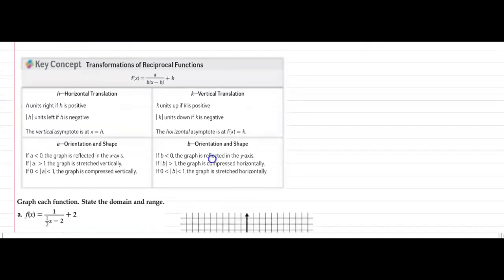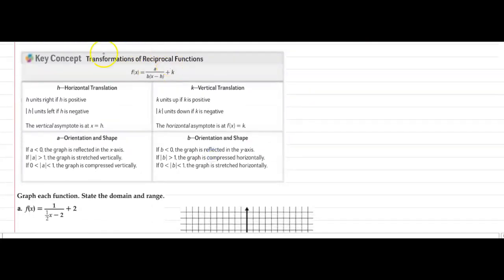Like I said, let's talk about some of these transformations. They're going to seem very familiar, just like we did in step 17. When we add a number after the fraction, that's going to make our function translate vertically up that many units if we add a number, and it's going to go down if we subtract a number.